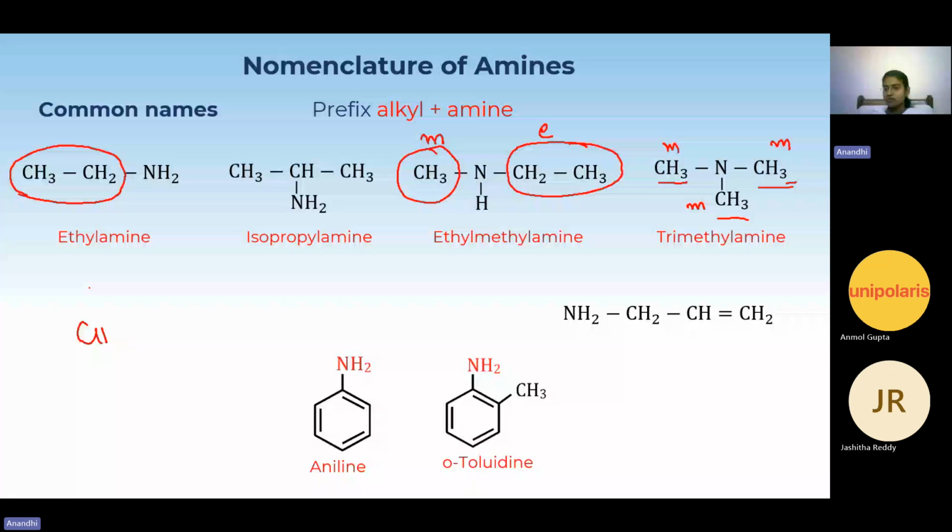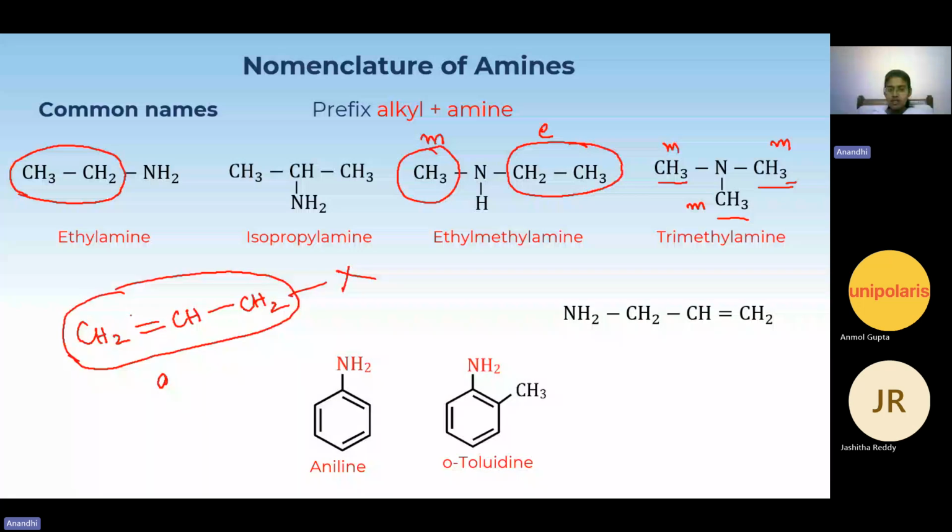Double bond, single bond, some group, this part is called allyl. So here I have that component, the double bond, but with an NH2 group. So what is the name of this compound? Allyl amine. Since I have NH2, I have to end it with amine. Clear? Okay. Let's go to the next slide.